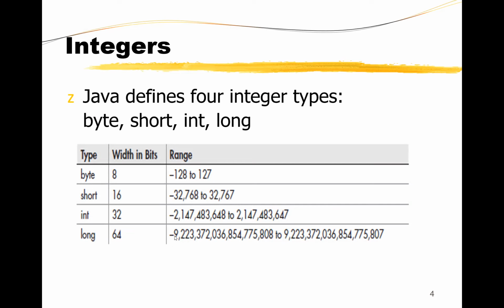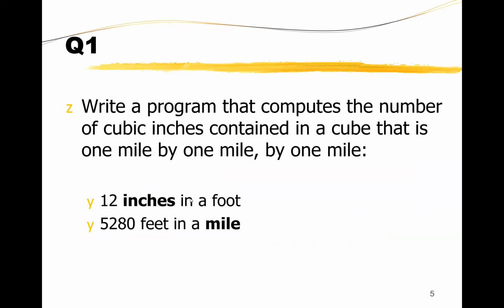Plus or minus 9 quintillion values a long variable can hold. The bit range is 64 bits because 8 bytes is 64 bits, 4 bytes is 32 bits, 2 bytes is 16 bits, 1 byte is 8 bits. Likewise, we have integers.